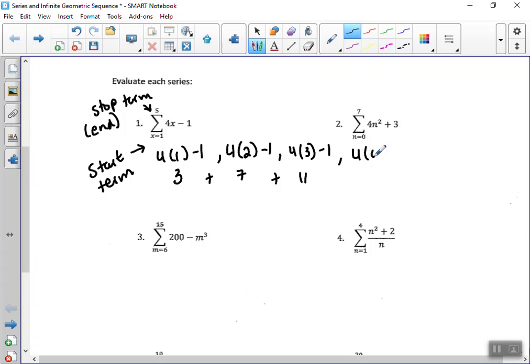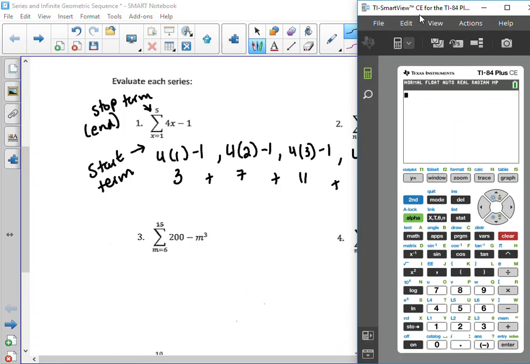So we plug in 4: 4 times 4 is 16, minus 1 is 15. Plus 4 times 5 minus 1: 20, minus 1 is 19. And then that's my stop, right? So I start at 1 and I stop at 5, and then we have to add all these numbers up.